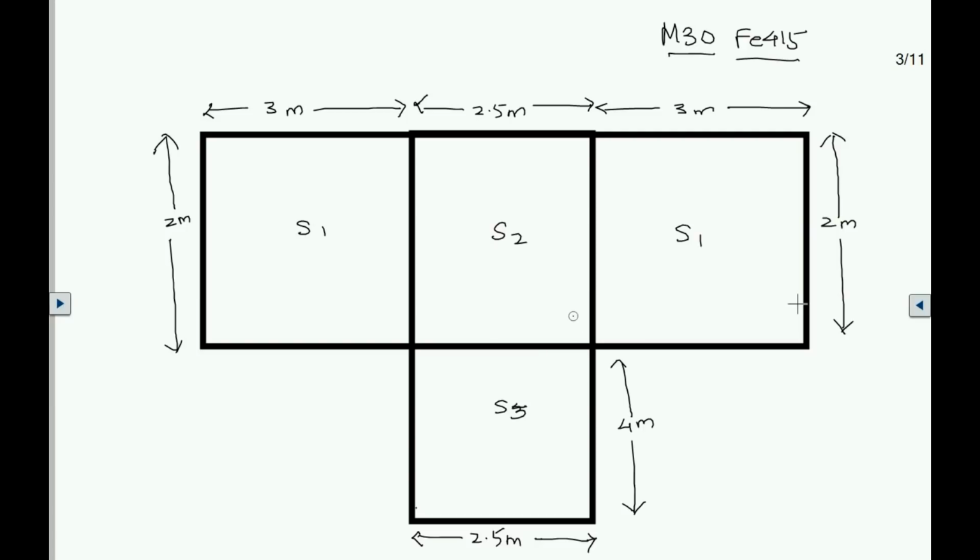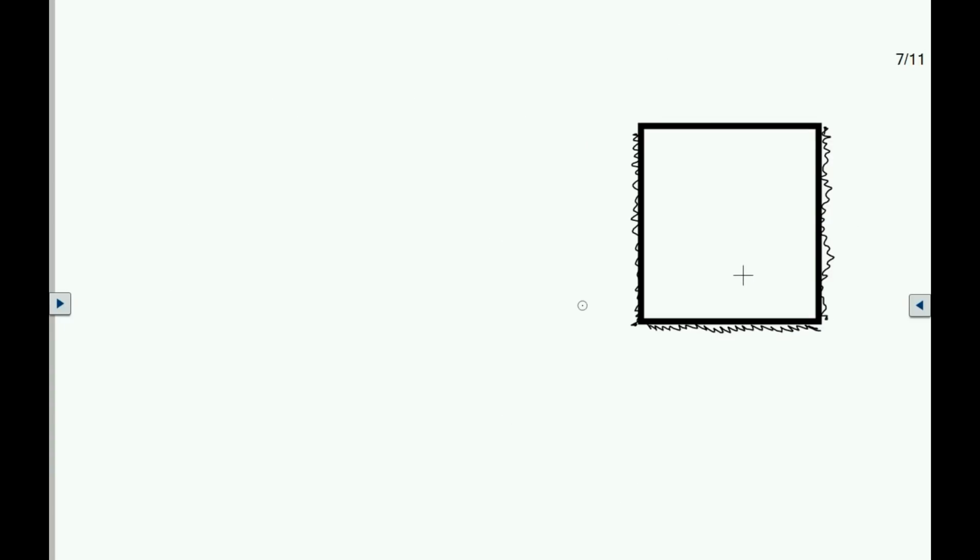Now for this condition we'll see what alpha x and alpha y are in table number 26. So I've drawn a figure over here. In the Ly direction, this is 2.5, that is the longer span, and this side is 2 meter. The bending moment will be negative at the fixed support, and it will be somewhat like this: negative here and positive here.